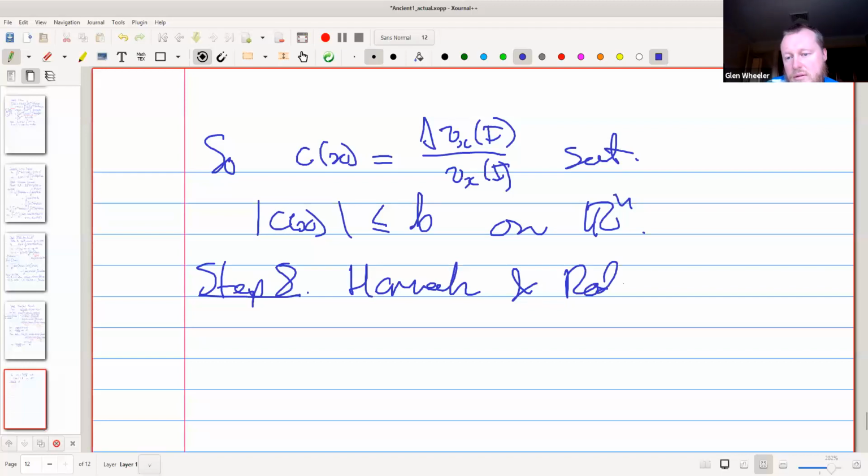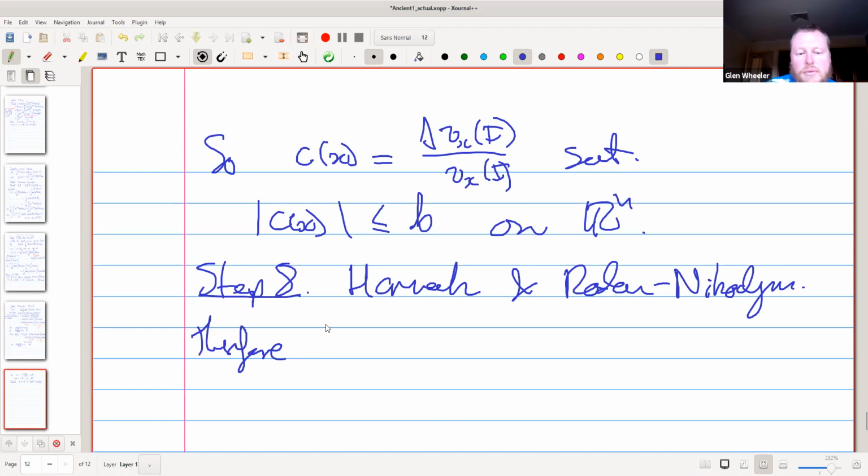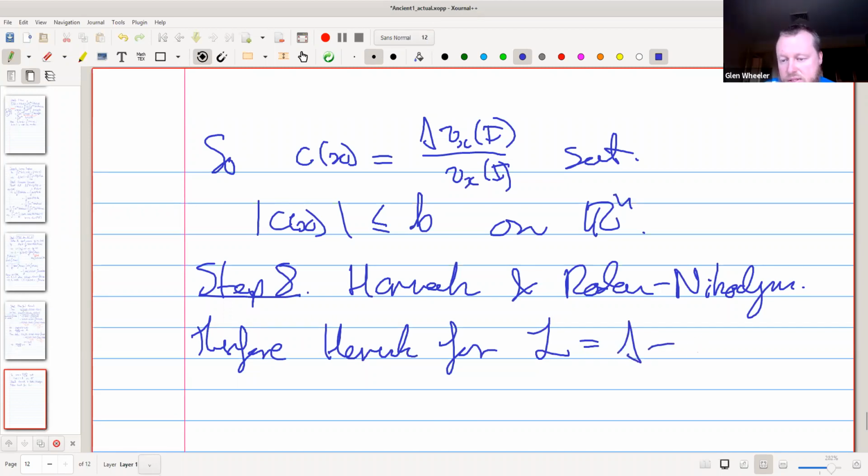Therefore, Harnack for the elliptic operator Laplacian minus C implies that this basically lets us compare the value of the measure at x to the value of the measure at a fixed point.